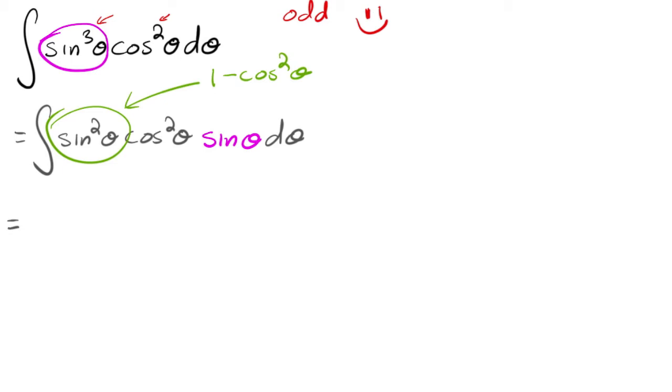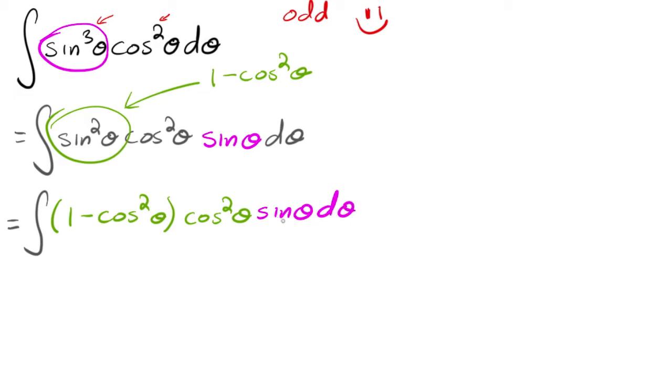And so then, if you look at this, you would get 1 minus cosine squared theta times cosine squared. And so what happens here is that, if you now let u equal cosine, this one is u and this one is u.